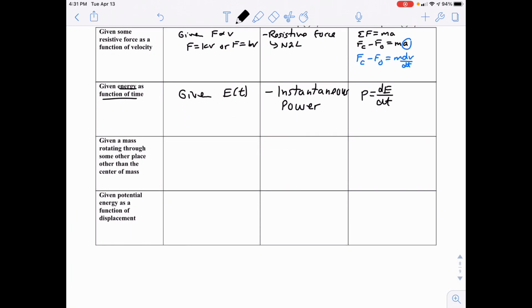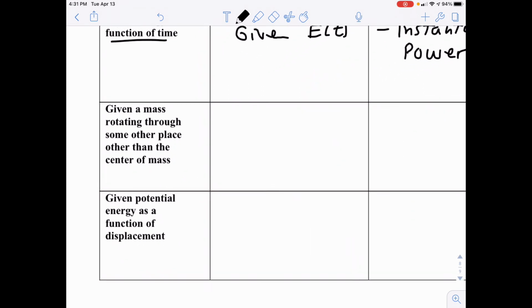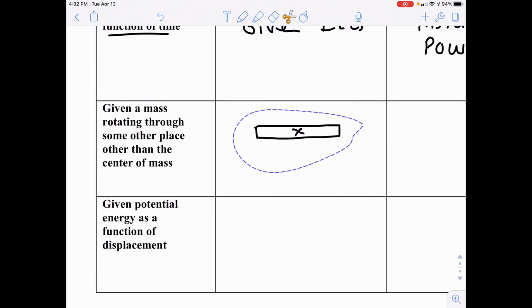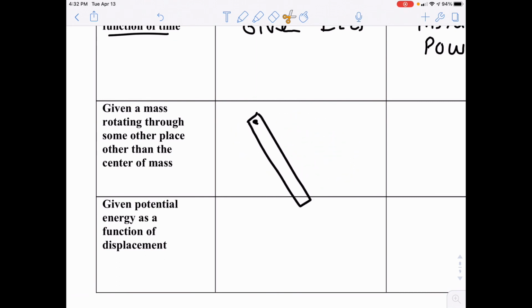All right, now what if we're given a mass that's rotating through some other place other than the center of mass? So for instance, if we had a rod that was rotating through the center, well, then that's rotating through the center of mass. But what if we weren't rotating through the center? What if we were rotating about the endpoint? Well, then all of a sudden, you're rotating through an axis that is something other than the center of mass.